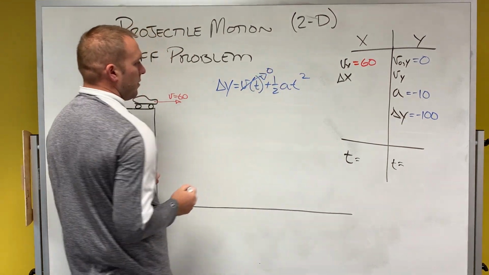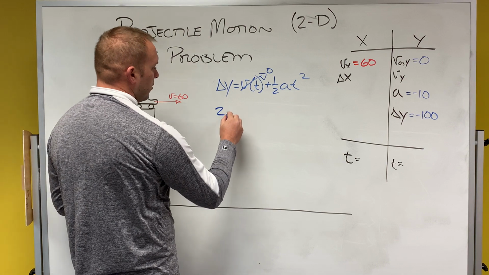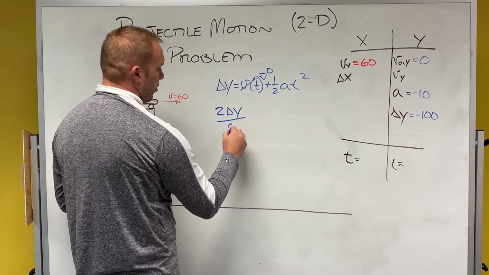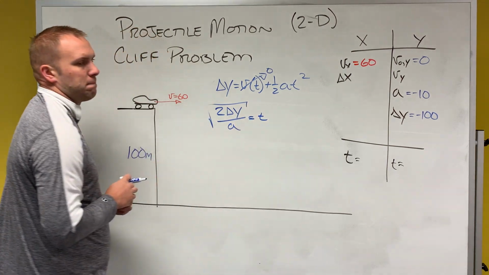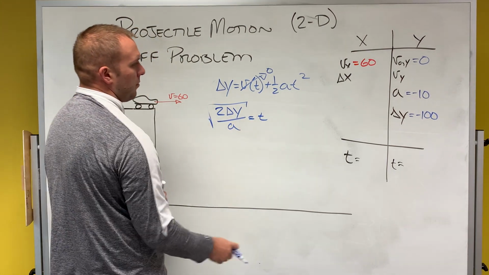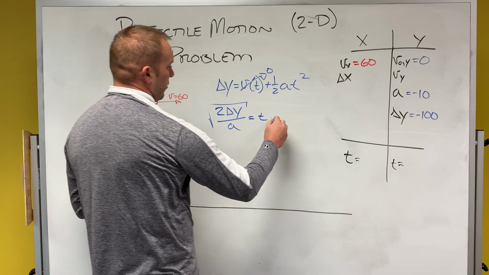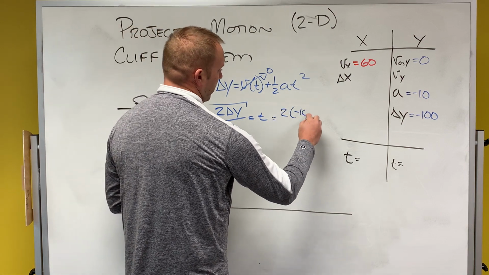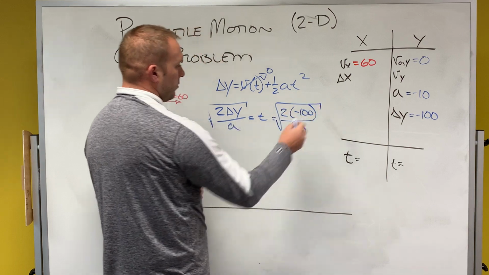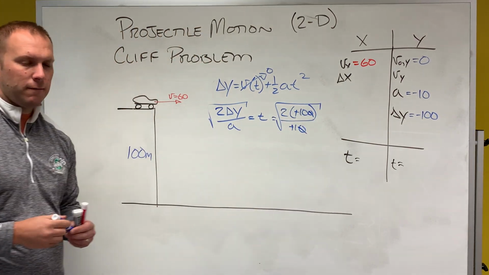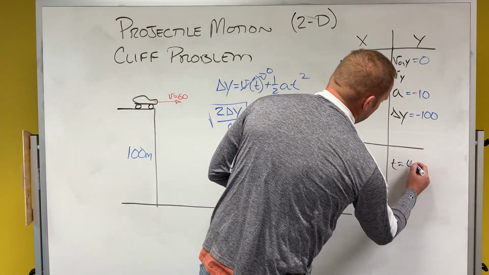This goes to 0. So I get 2 times my change in y over my acceleration equals time squared, and we square root that. All right, so that's how I'm going to solve for time in this example. So that's going to be the square root of 2 times negative 100 divided by negative 10. That's the square root of 20, and that's going to be 4.5 seconds.